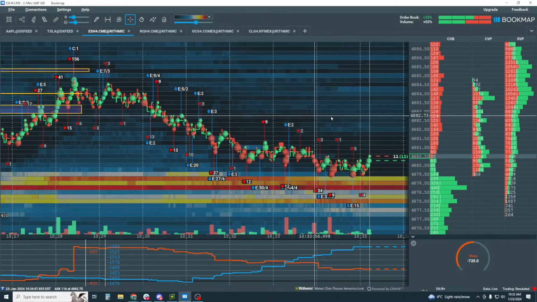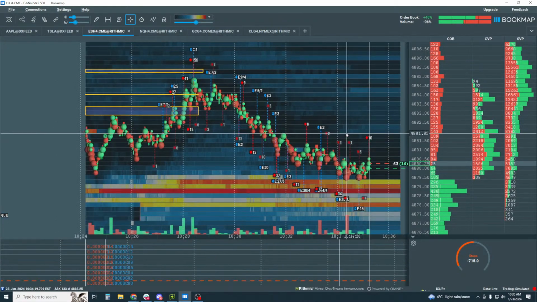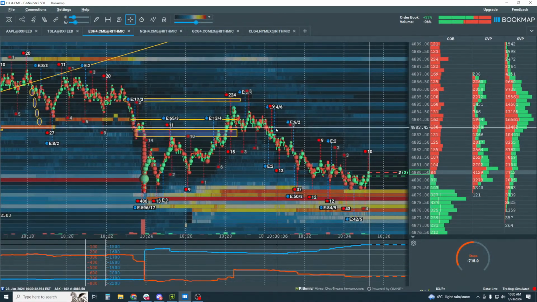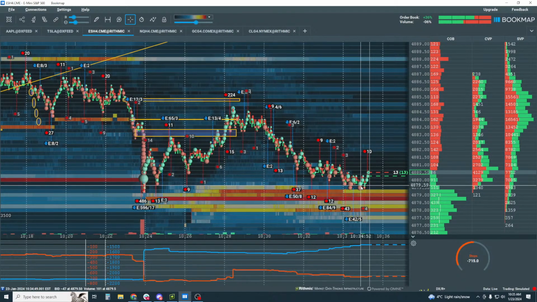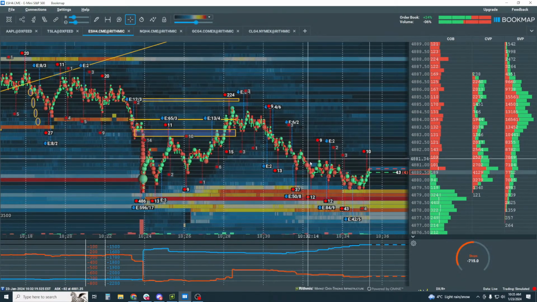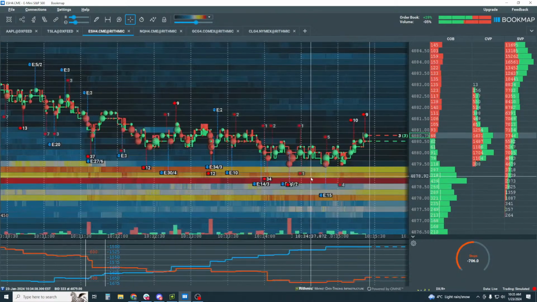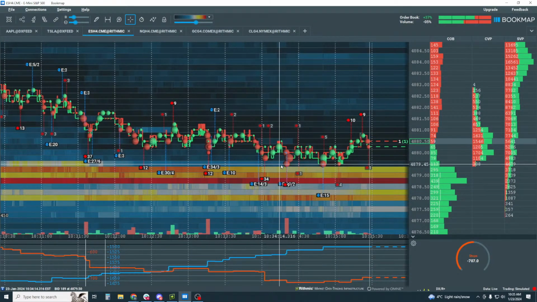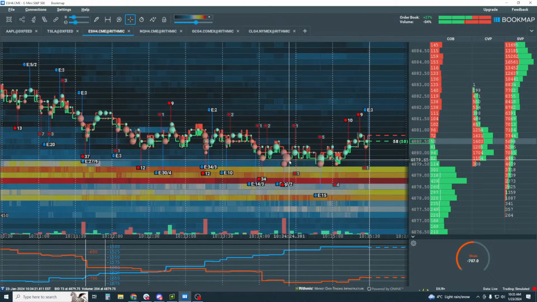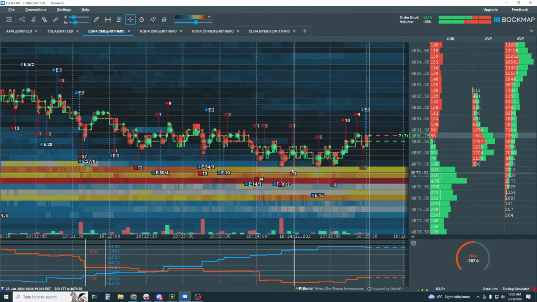Now this is a phenomenon. I wanted to mention another thing in here about front running and this liquidity. As we trickle down like this, it happens a lot. You'll see that sellers are just not interested in hitting into this liquidity.